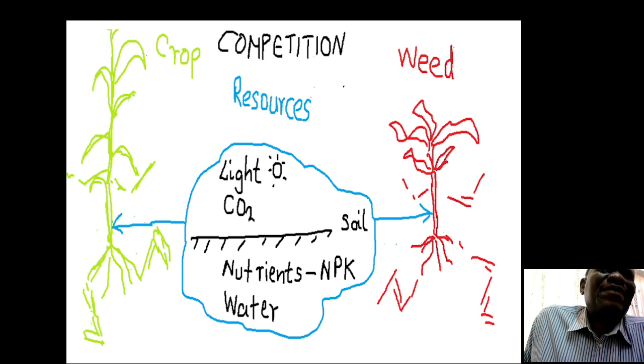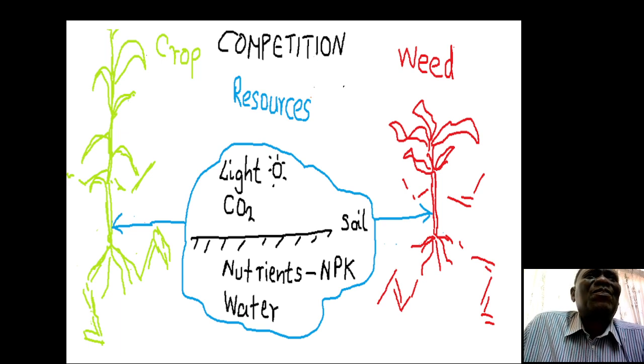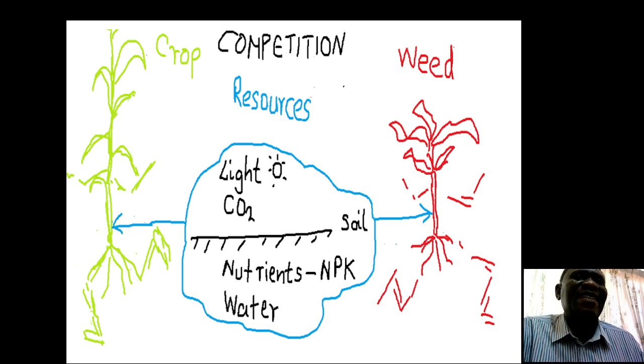Here you can see I have left carbon dioxide. Does it mean that it is not competed for? The question is, do plants compete for carbon dioxide? But mostly we are talking of nutrients and water, and of course light.